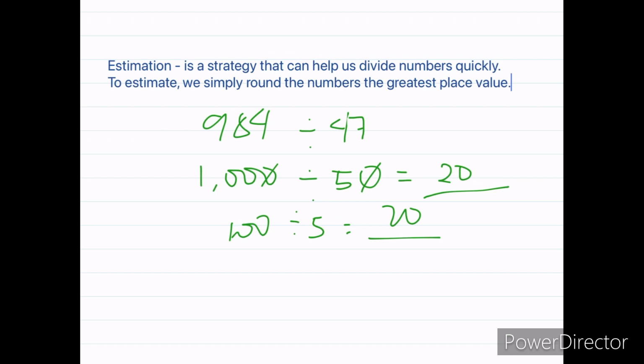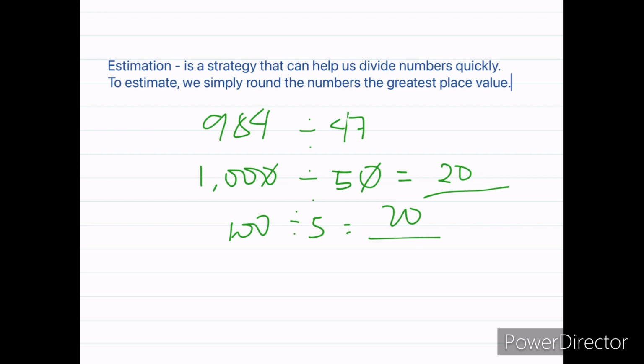There are many compatible numbers: 5, 25, 36, 6, 7, 49, 8 and 64, or 4 and 2. Those are examples of compatible numbers. But remember, if the numbers are not compatible, we round the dividend and the divisor to get compatible numbers.